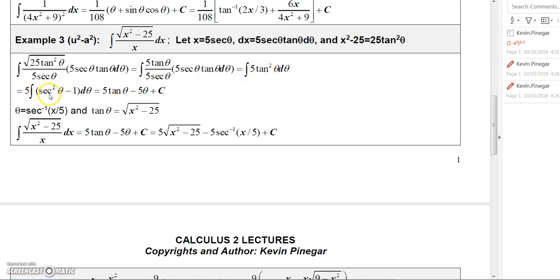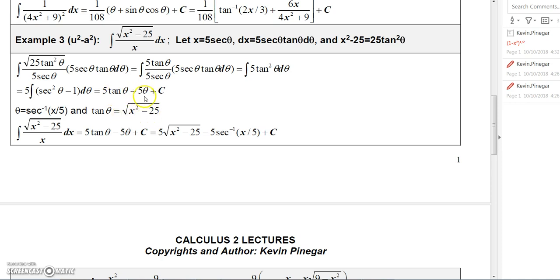and then you replace tangent squared theta with secant squared theta minus 1, and then you integrate that, and so you get tangent theta for secant squared theta, and you get theta for the minus 1, and then of course you multiply that by 5. So you get 5 tangent theta minus 5 theta plus c, and then if you go up here and solve for theta, you'll see that theta is the arcsecant of x over 5, and you can show that tangent of theta is equal to this square root of x squared minus 25.